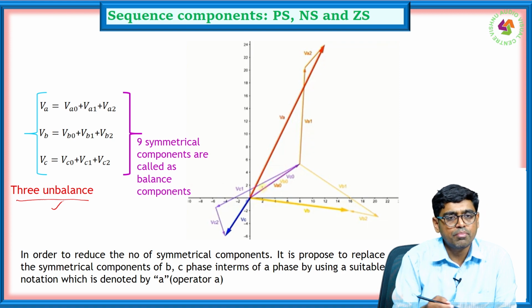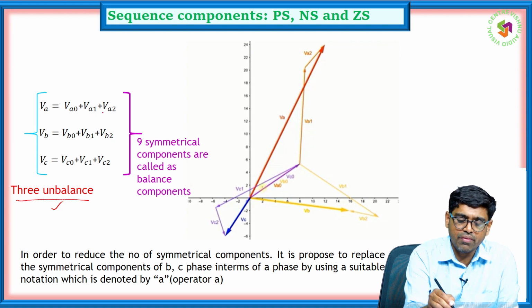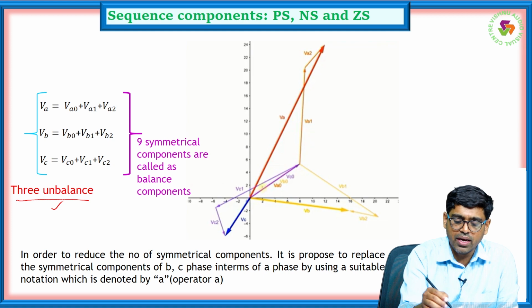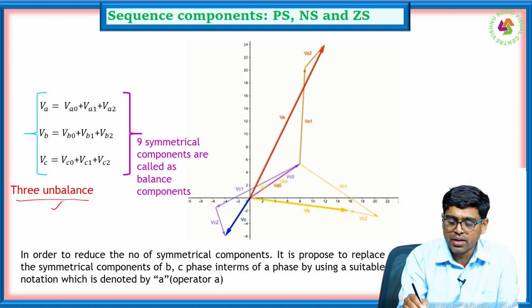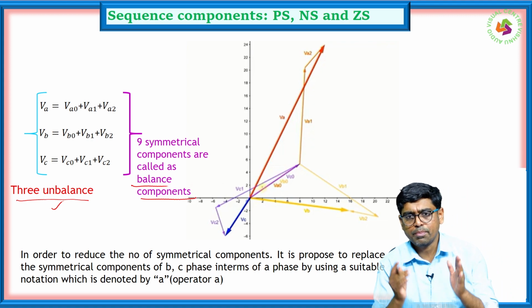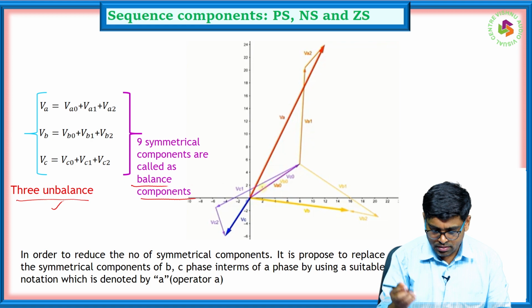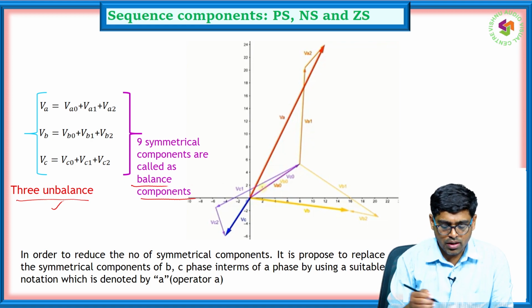In total we have 9 symmetrical components, called balanced components. So we are representing unbalanced quantities in terms of balanced symmetrical components.